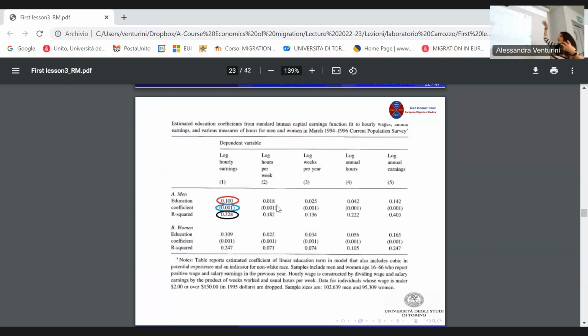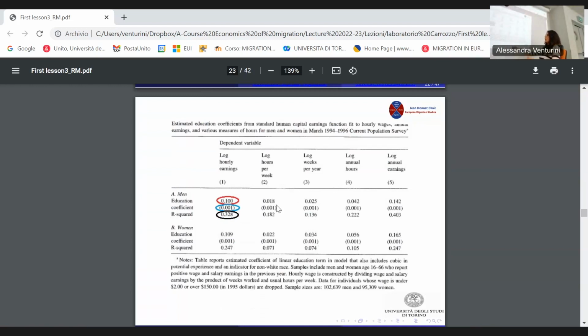It tells us how wrong the regression model is on average, using the unit of the response variable. So the explanatory variable is hourly wage in the first column. And one year of education is providing a 10% increase in wage.